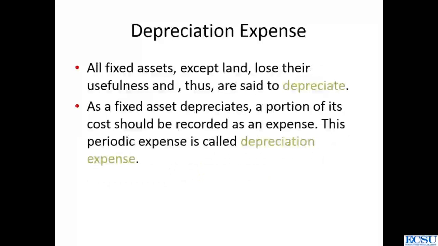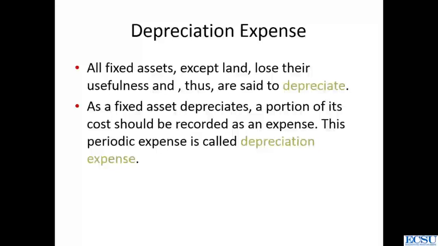Now next thing that we haven't taken so far is depreciation expense. Fixed assets are any physical resources that are owned by the company and used by a business and are permanent or have a long-term life. They are known as fixed assets or plant, property and equipment. So those will be the different names that you will be using.